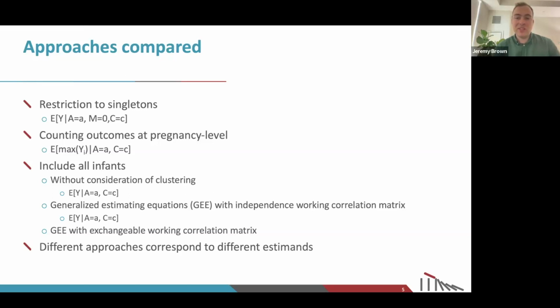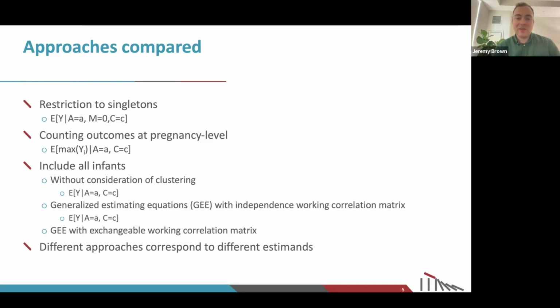So without consideration of clustering, or using generalized estimating equations to account for clustering with different working correlation matrices, with independence or exchangeable working correlation matrix.